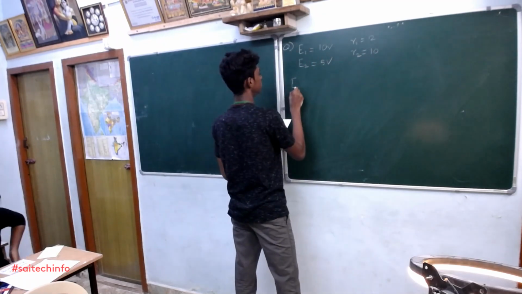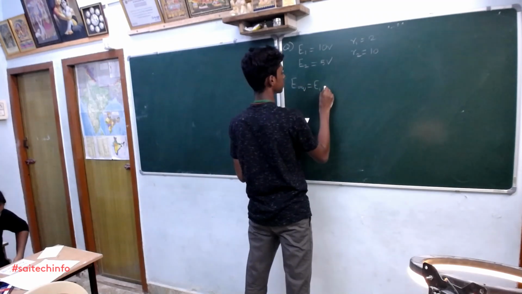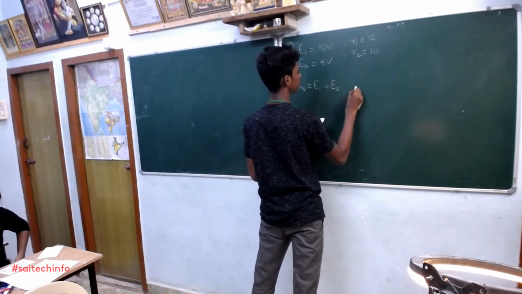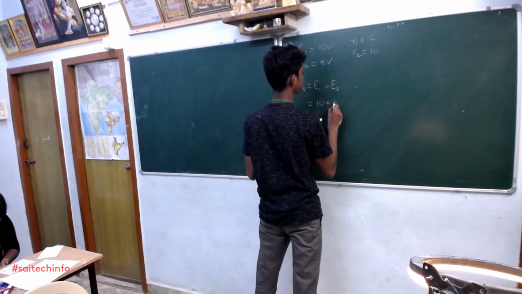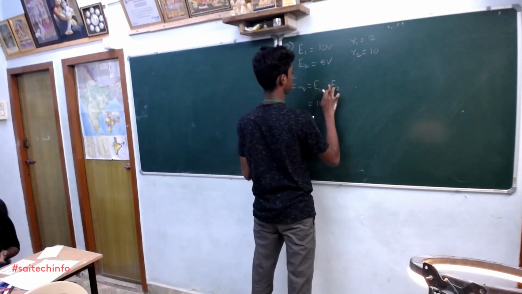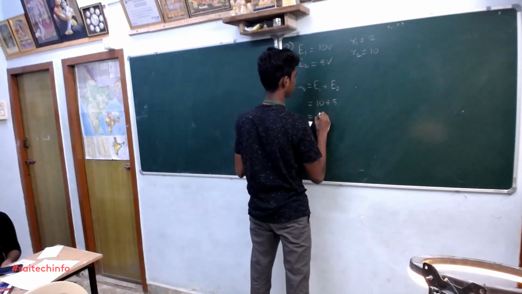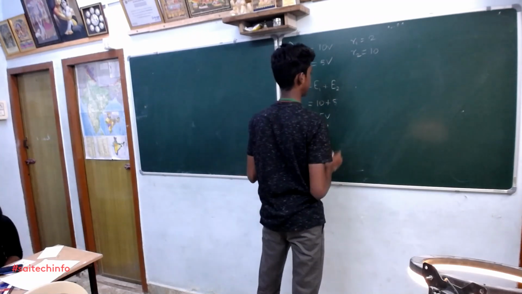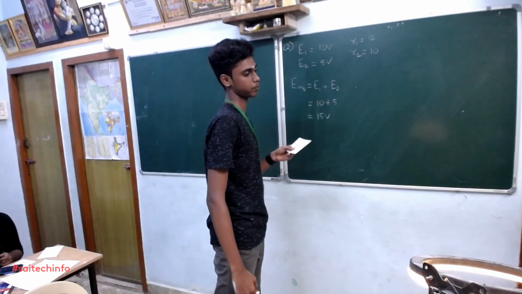So Eeq is equal to E1 plus E2, and you have to mention how they are connected, whether in parallel or series.